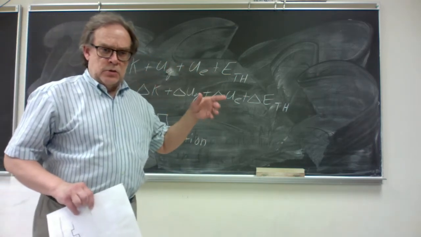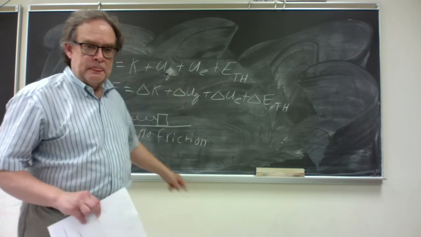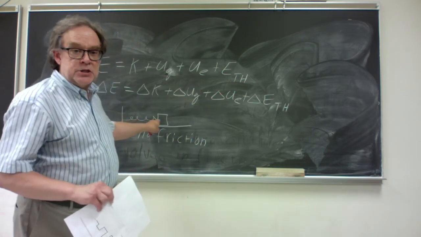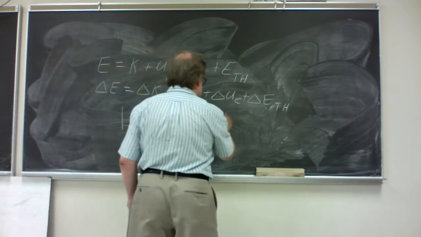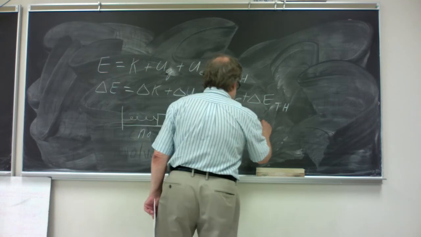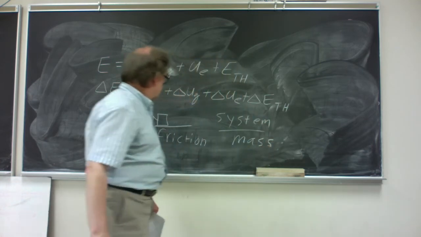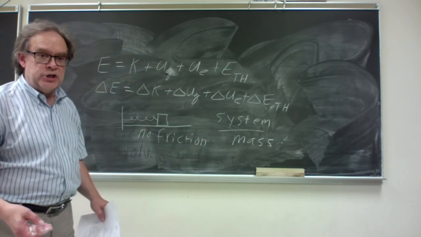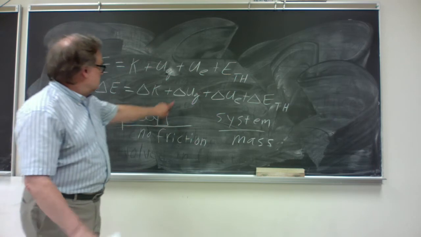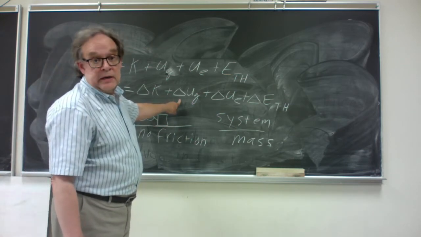Now, in our system, what exactly should we include in the system? Go back to the four rules. When things are oscillating, the mass is moving, so we need to include that in the system. The movements don't involve any change in elevation, so the gravitational potential energy actually doesn't change.